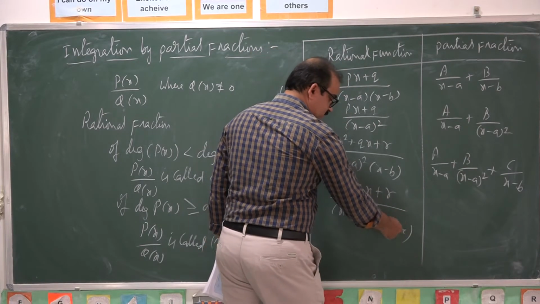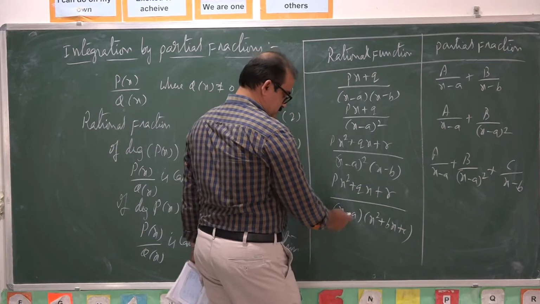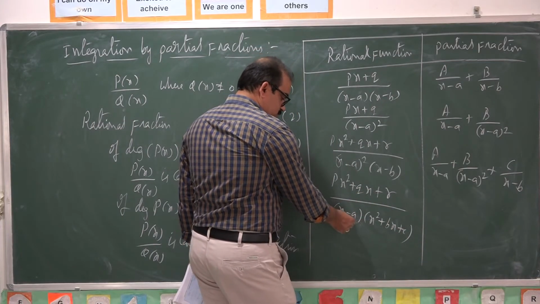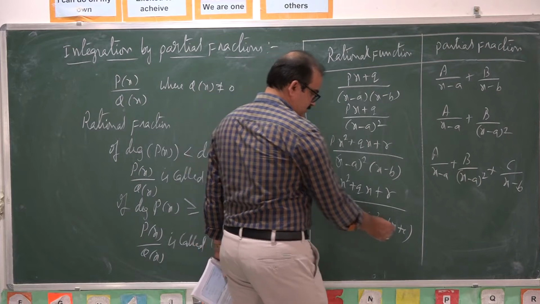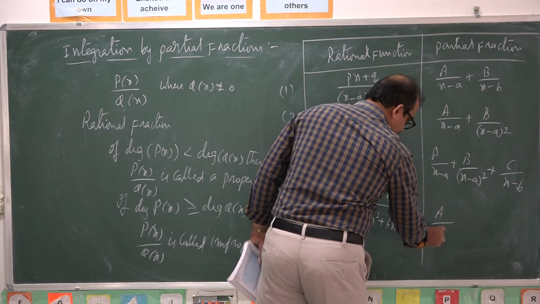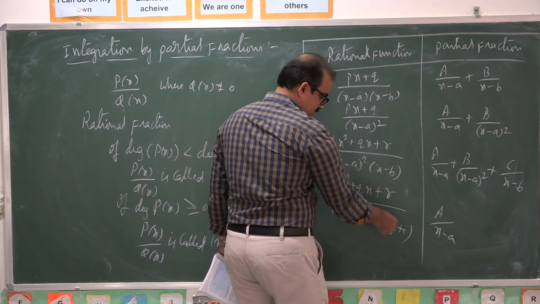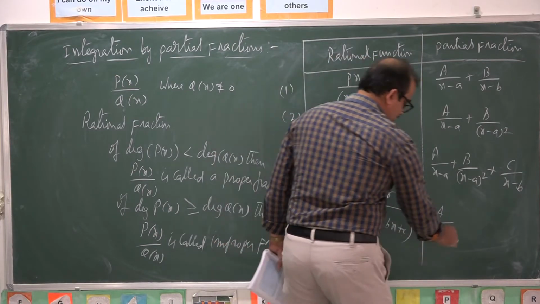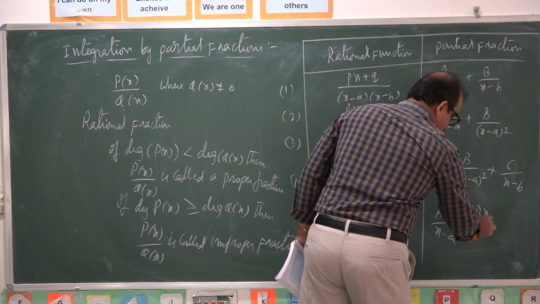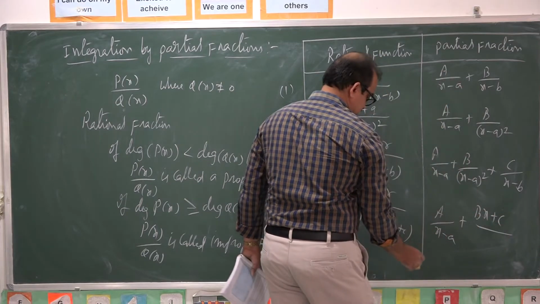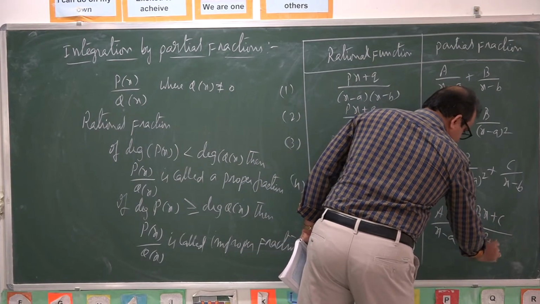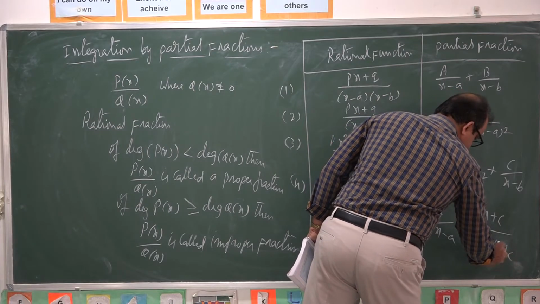It cannot be reduced into linear factors. Corresponding to this linear factor, we get a by x minus a. Corresponding to this quadratic factor, the partial fraction is in the form of bx plus c by x square plus bx plus c.